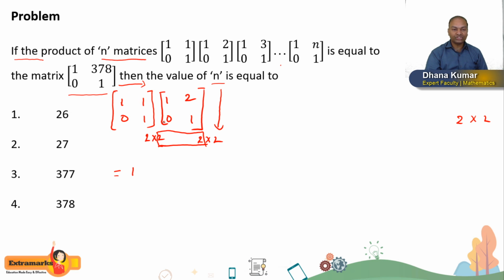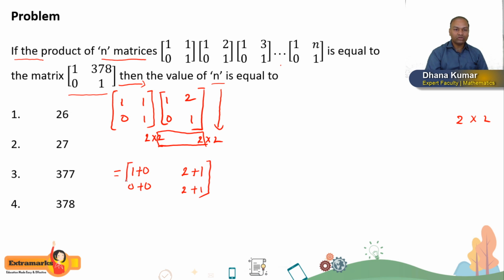Plus 1 into 0, 0. Fine. Next, 1 into 2, 2. 1 into 1, 1. Next, 0 into 1, 0, plus 1 into 0, 0. Next, 0 into 2, 0, plus 1 into 1, 1.